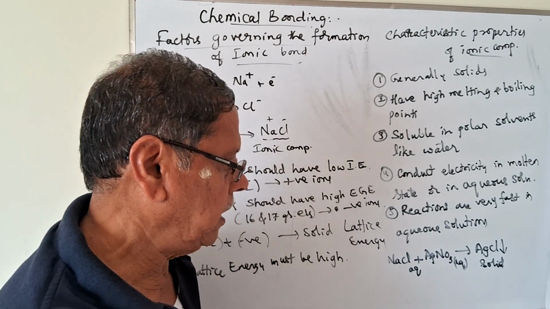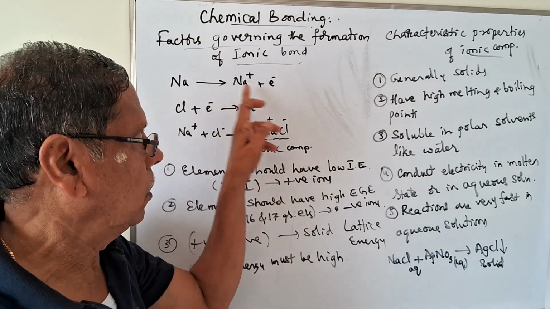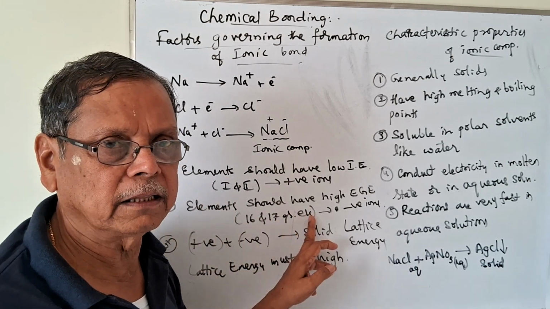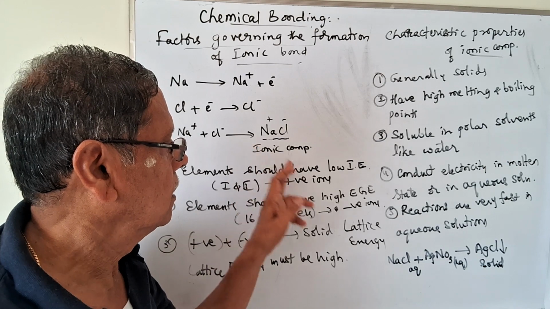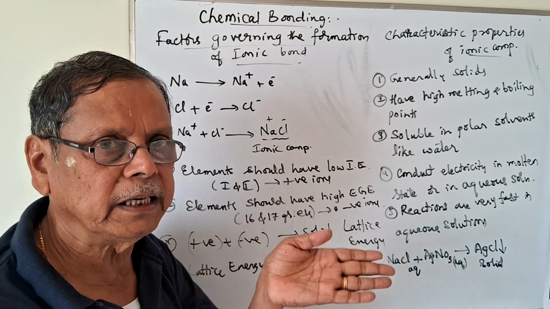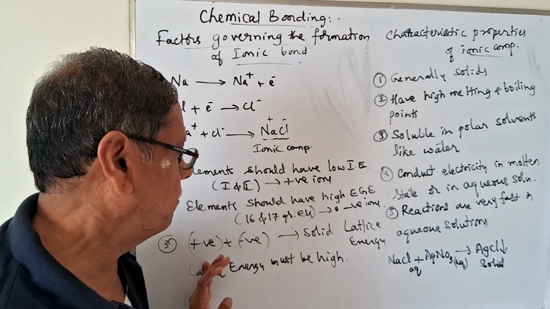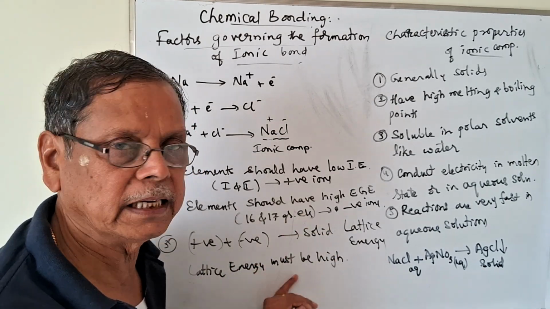In case of the ionic compounds, just remember that elements with low ionization energy and high electron gain enthalpy lose the electrons and gain the electrons, that is, by the transfer of the electrons they give positive and negative ions, and they combine to give rise to solids with release of energy, which is called the lattice energy.